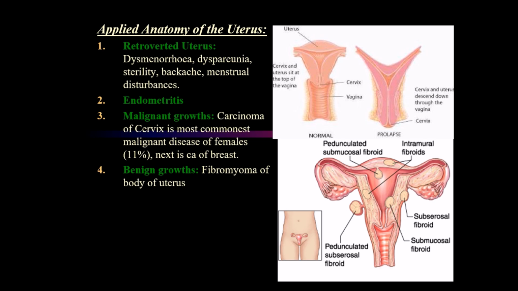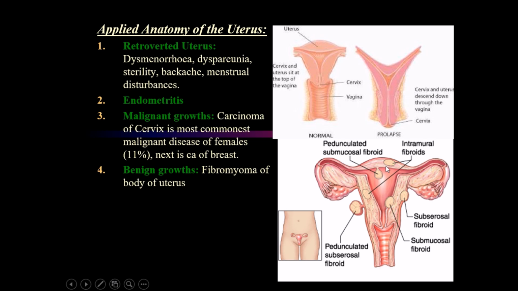The fourth important aspect after carcinoma is the benign growth in the female. There is something called fibroid uterus, also called fibromyoma, because it is a fibrous structure which develops within the myometrium. If you see this picture, you can see the different sites of fibroid uterus.